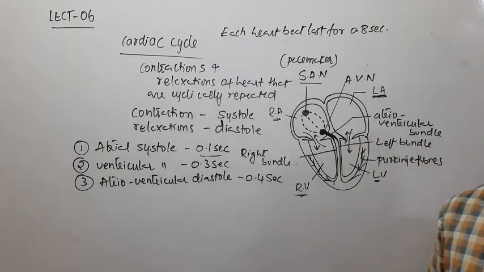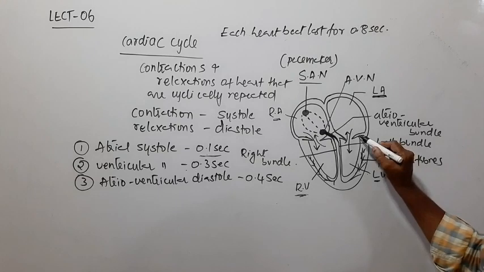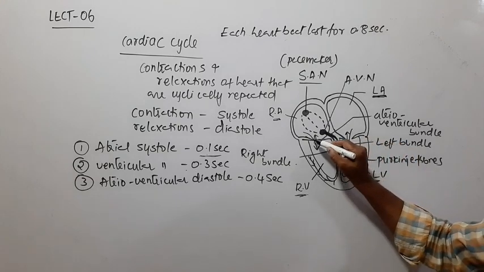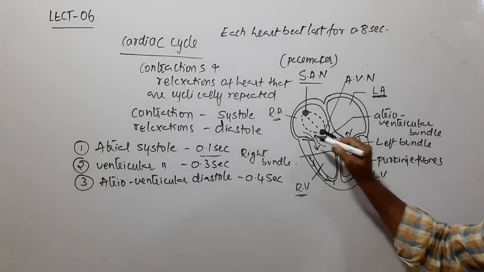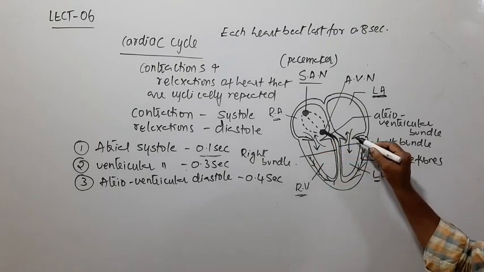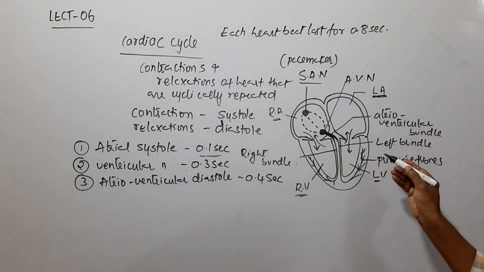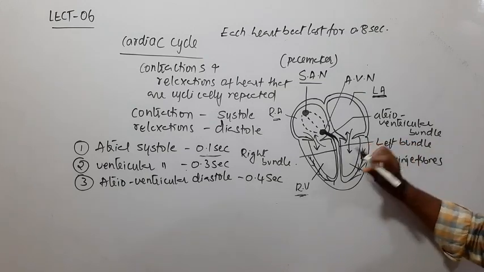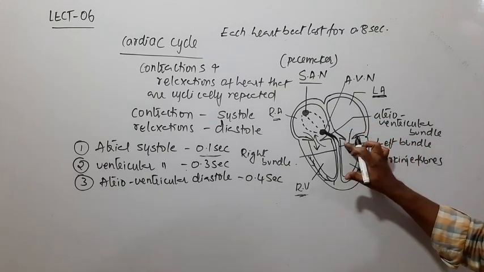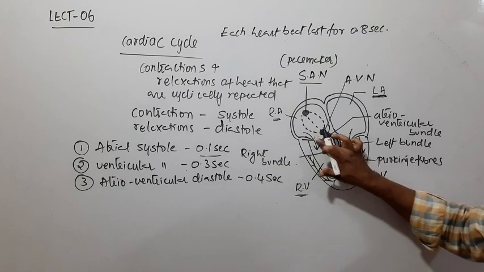But this will not happen, as there are valves, the tricuspid valve guarding the right side and the bicuspid valve guarding the left side. They close, preventing the backward flow of blood.